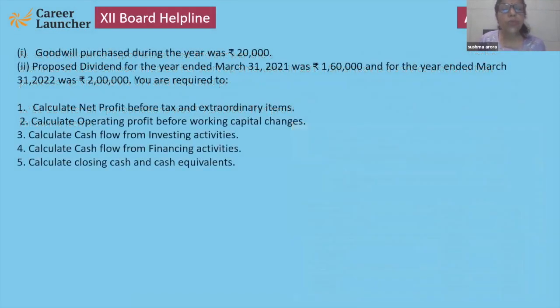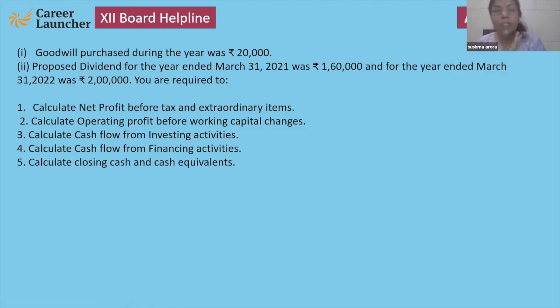Goodwill purchased during the year 20,000, proposed dividend 1,60,000 for 31st March 21, and the year ended, that was 2 lakh. Now they are asking us to calculate net profit before tax and extraordinary item, NPBT.